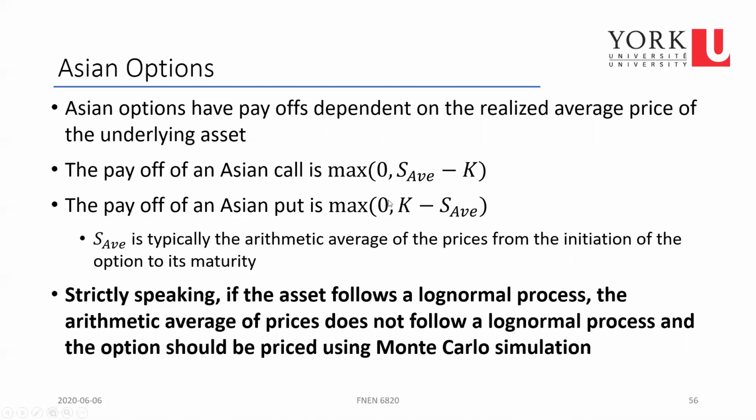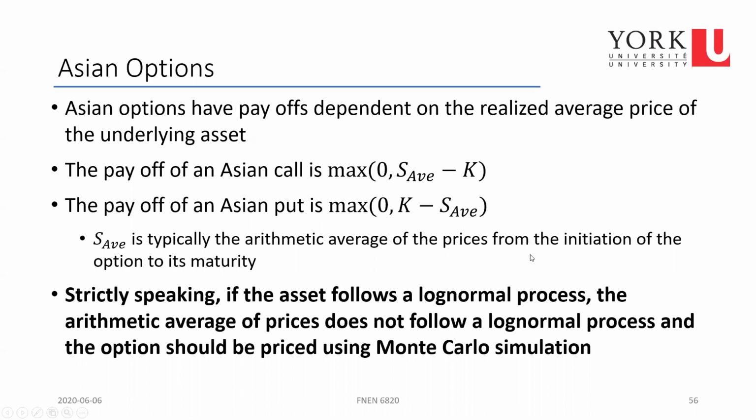And here, this average price is calculated as an arithmetic average. So this actually makes it a little more difficult because, strictly speaking, even if you have the underlying stock following the log normal process, the arithmetic average of the stock prices doesn't really follow log normal.